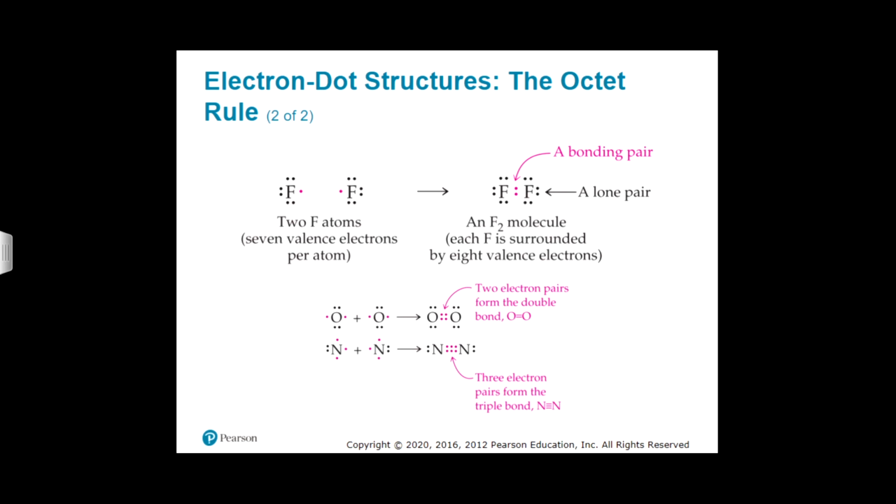Now, when assigning electron dots to atoms in an electron dot structure, you have 4 places that you can place electron dots: above, below, to the left, and to the right.